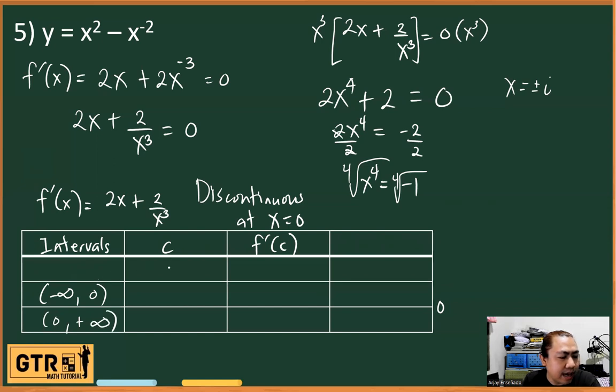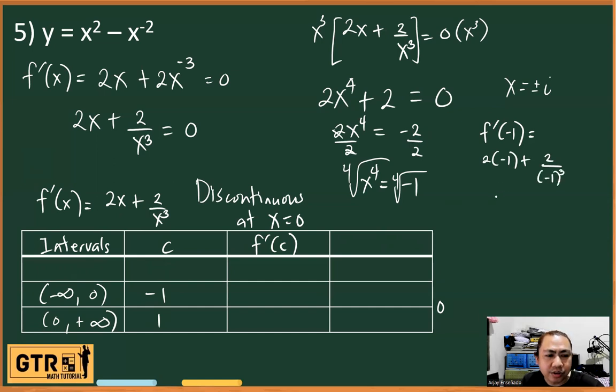So let's use mababang number na lang, negative 1 and positive 1. Okay, so let's solve f prime of negative 1. So it is not in factored form, so there's no choice. Just substitute to this. So we have 2 times negative 1 plus 2 over negative 1 cubed.